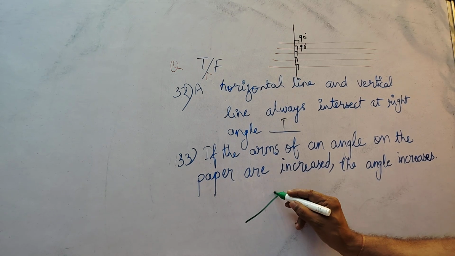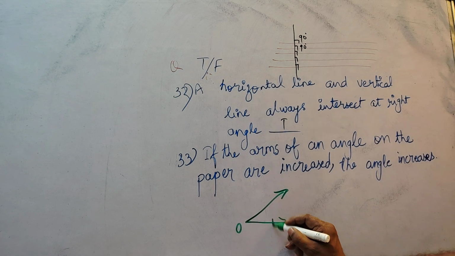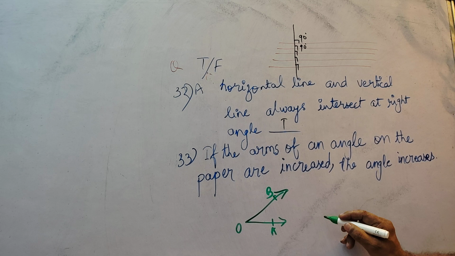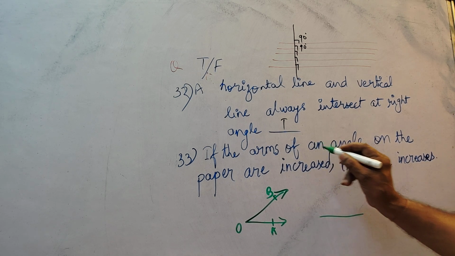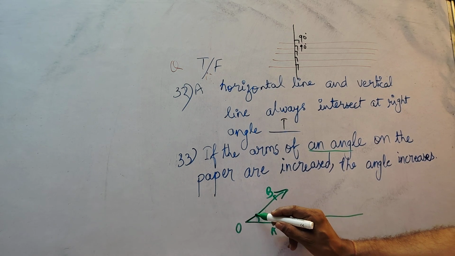Look, in the angle there are two arms. We name them OA and OB, the two arms. If we increase the angle between the two arms, at this time the angle is BOA.